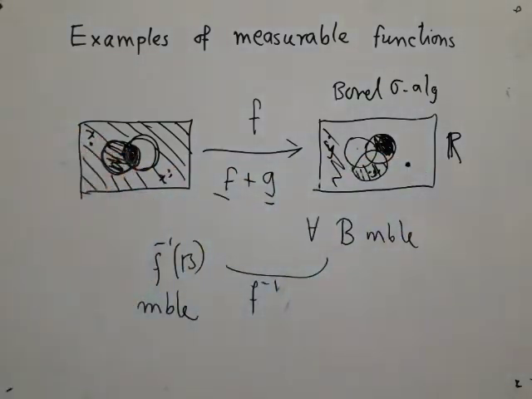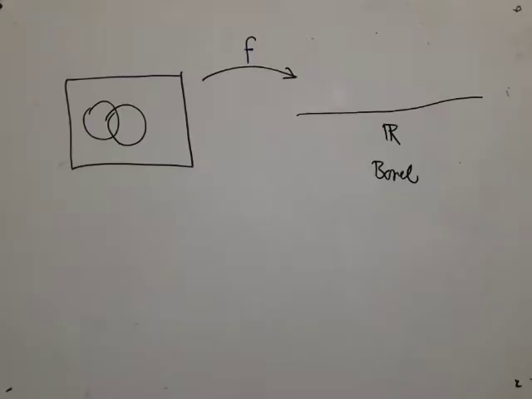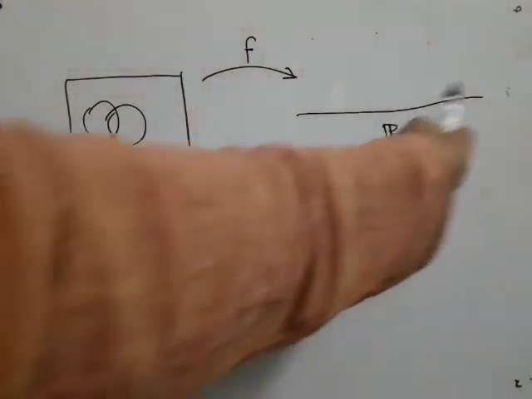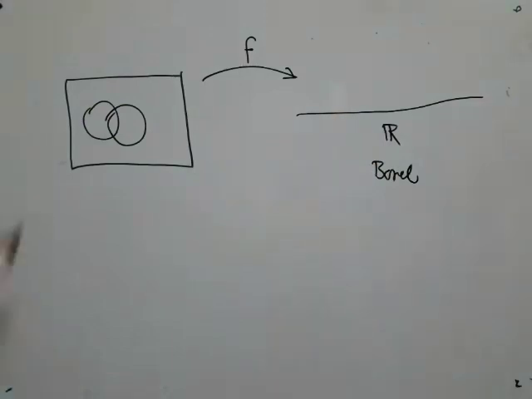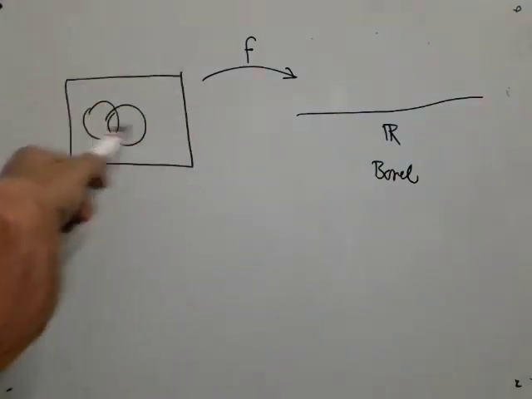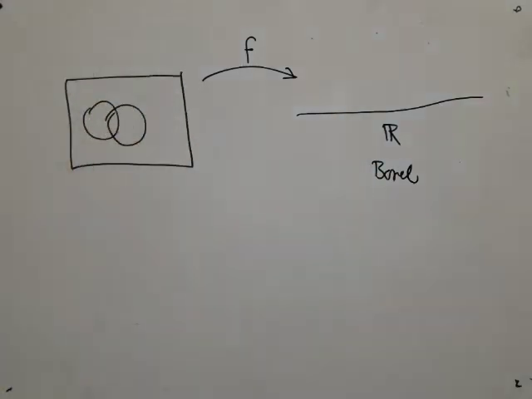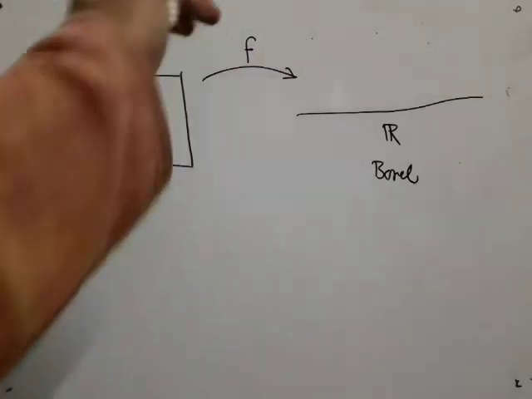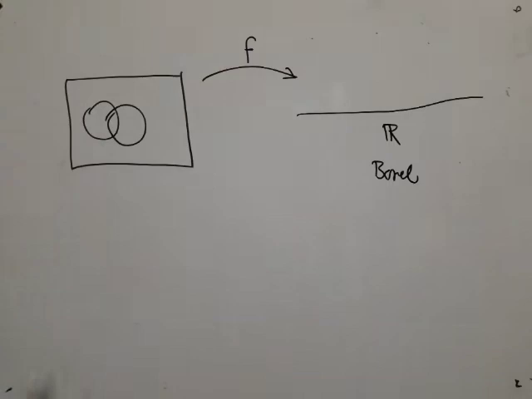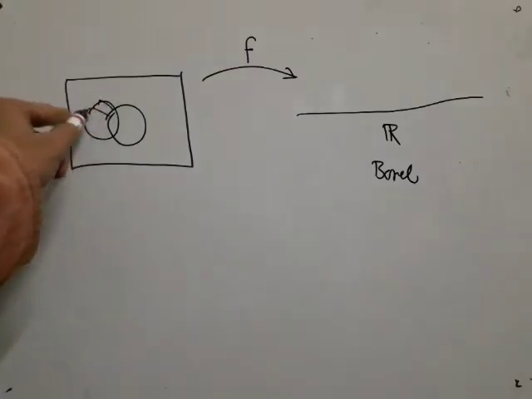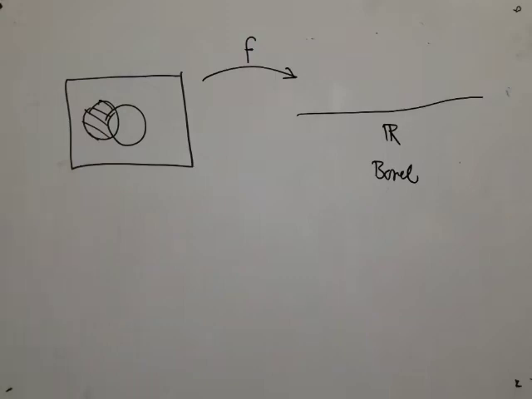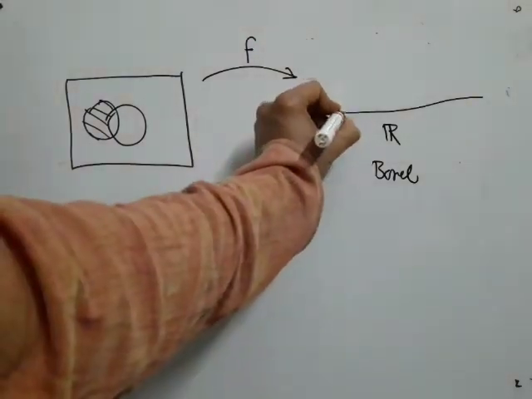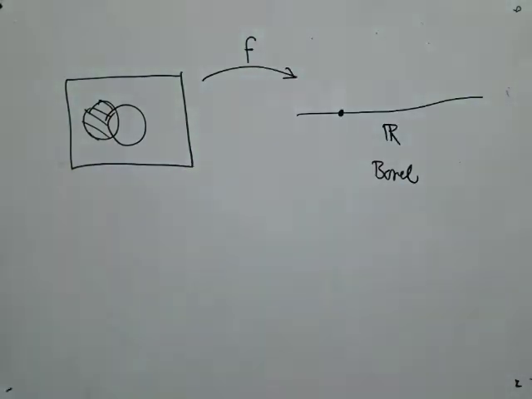So let me write it down clearly. I have R with the Borel sigma algebra, and here I have any arbitrary set with some given subsets which generate my sigma algebra. Then f will be measurable if and only if over each such partition block f is constant, because in this case every singleton set is measurable.